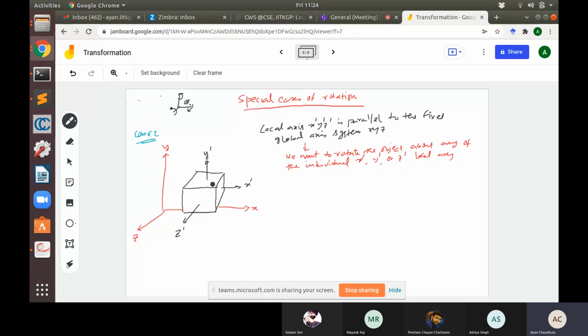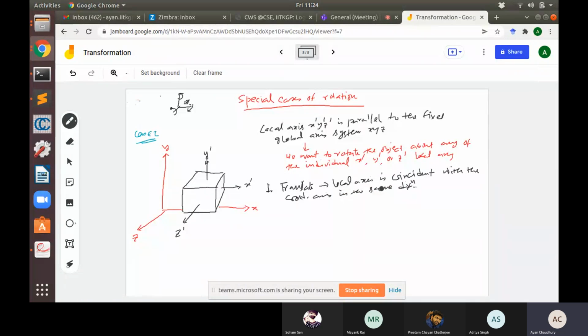And then don't forget to undo the transformation that you did previously. So in the first step, we translate the body so that the local axis is coincident with the coordinate axis in the same direction.